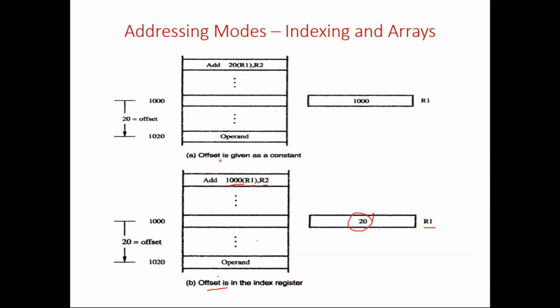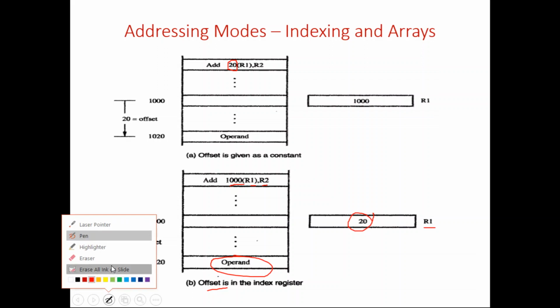Both will do the same job. 1000 plus 20 is 1020, so the value at 1020 will be fetched, added with R2, and the result will be stored in R2. So the point is it can be either way: you can specify the offset as a constant, or you can specify the address as a constant.